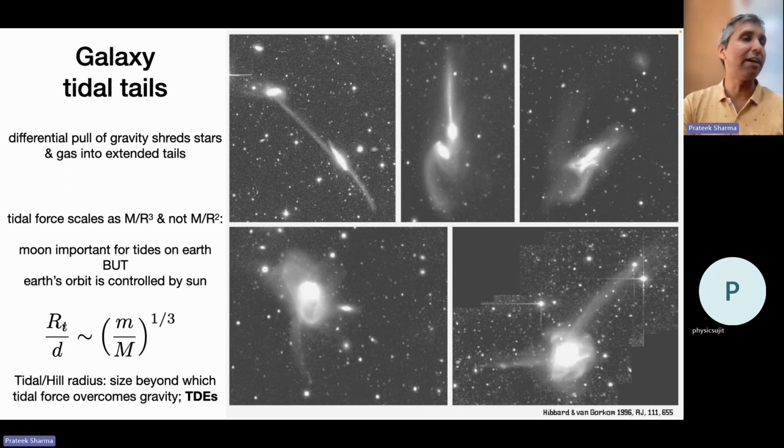So you can actually define a radius or an extent of an extended body. If a body becomes bigger than that, then the gravity that keeps this body intact can be overwhelmed by the tidal force, which tries to shred it. What I'm actually doing is balancing the tidal force due to a mass.